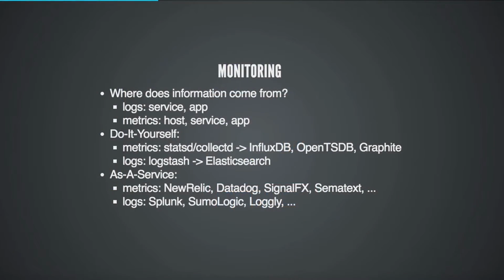And this is just a little background on where the data could possibly be coming from. So logs and metrics at host, service, and application level. If you're doing this yourself, which we pretty much are, then your logs will probably go to Logstash and Elasticsearch, at which point you may naturally be drawn toward visualizing them in Kibana, and I'll show what that looks like.